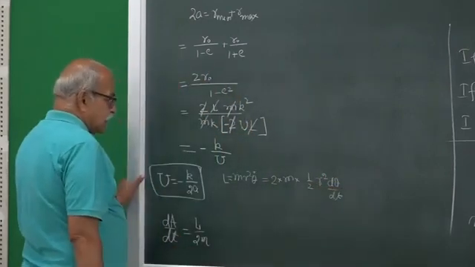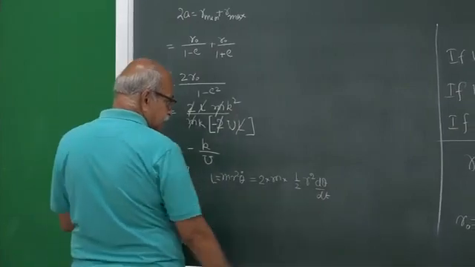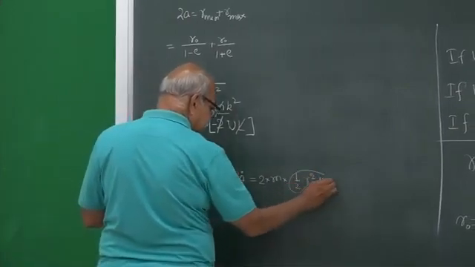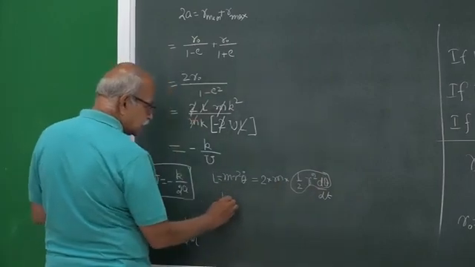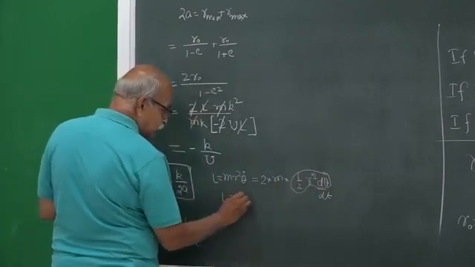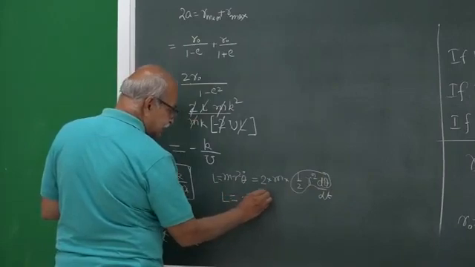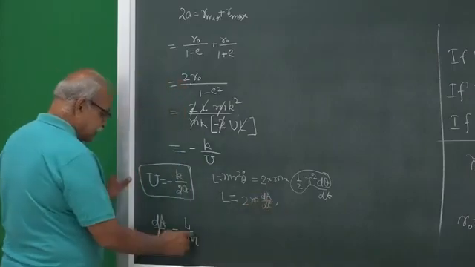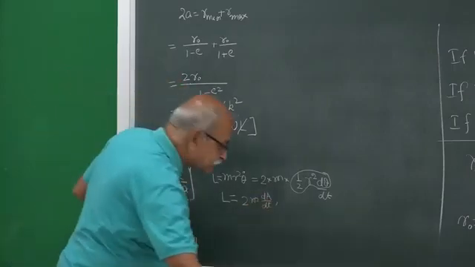Okay. And this is that area dA. So, L is equal to 2m and dA dt, and therefore, dA dt is L by 2m, correct.